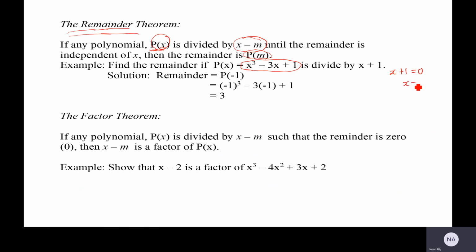Put that equal to 0. Solve for x, and there you get x equal to minus 1. Take that minus 1, substitute it for the x, so it will be minus 1 cubed minus 3 times minus 1 plus 1. There is our remainder without having to do long division.